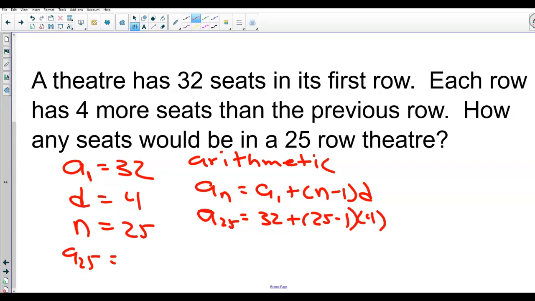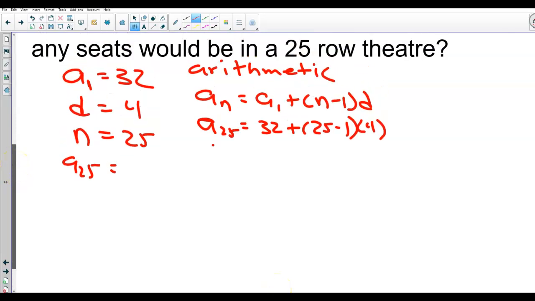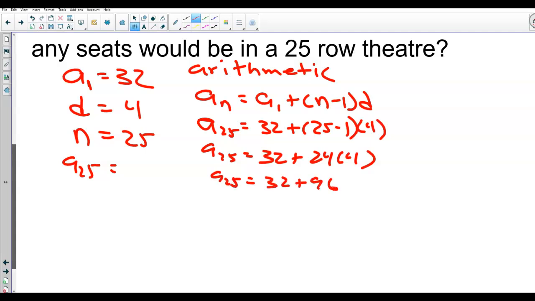All right, sorry about the interruption. So, A25 is going to be 32 plus 24 times 4. A25, 32 plus 96. So the A25 is going to be 128.